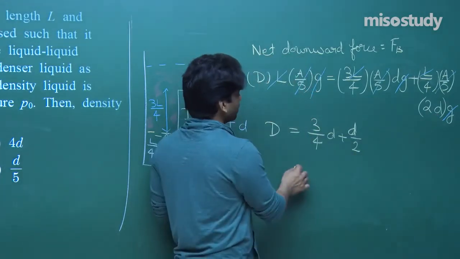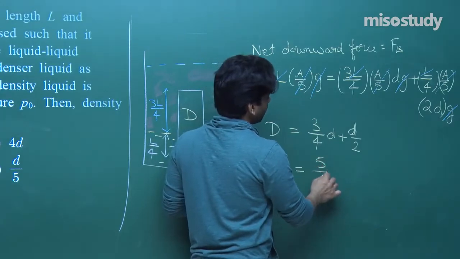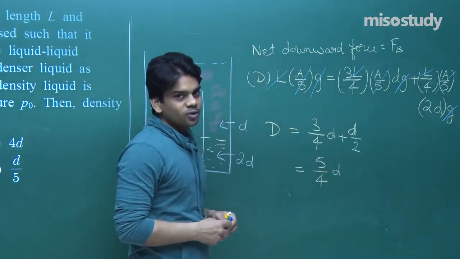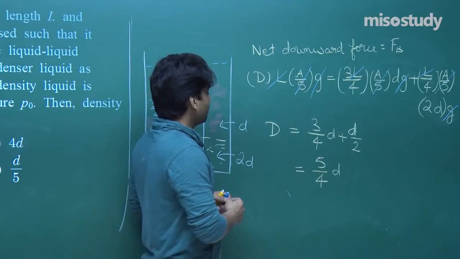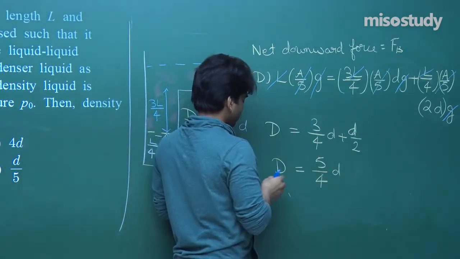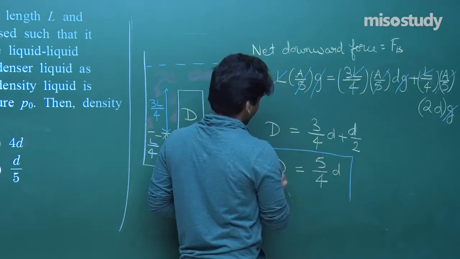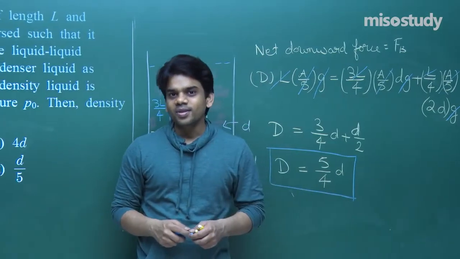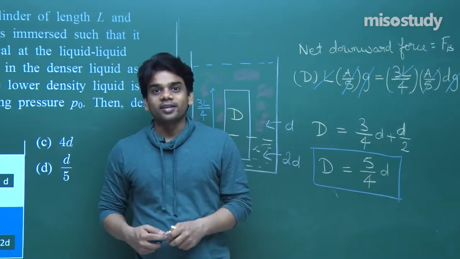From here, this will come out to be 3 by 4d plus d by 2, you will be getting 5 by 4d. This is the value of the density of the solid object that's been immersed. 5 by 4 small d, we got it as per the equation.